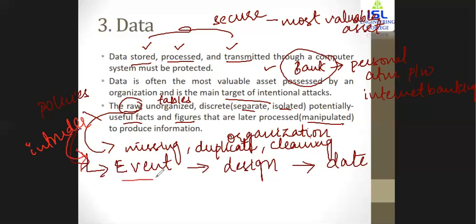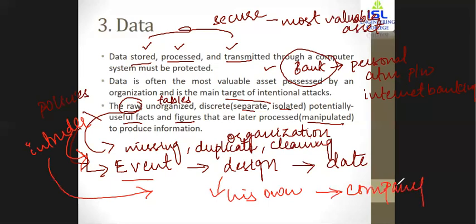So within this event, this particular intruder might steal this design, and he might represent the same design as his own design to that particular company for which this event was planned.